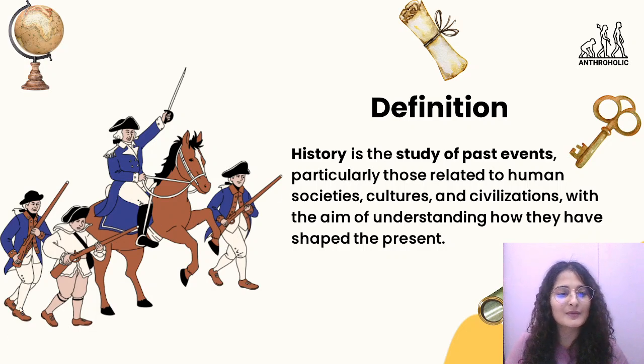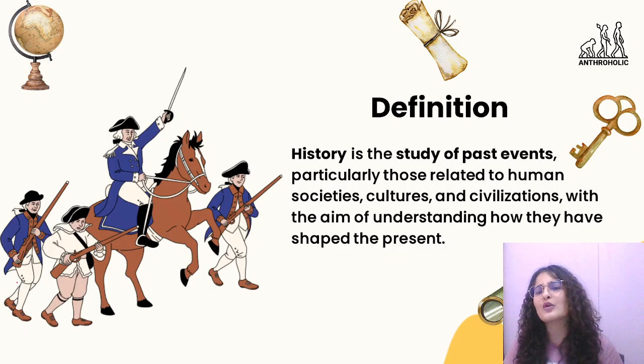In this we usually explore those events which have been related to human societies or cultures or civilizations, and then we try to understand how that has shaped the present we are in right now.